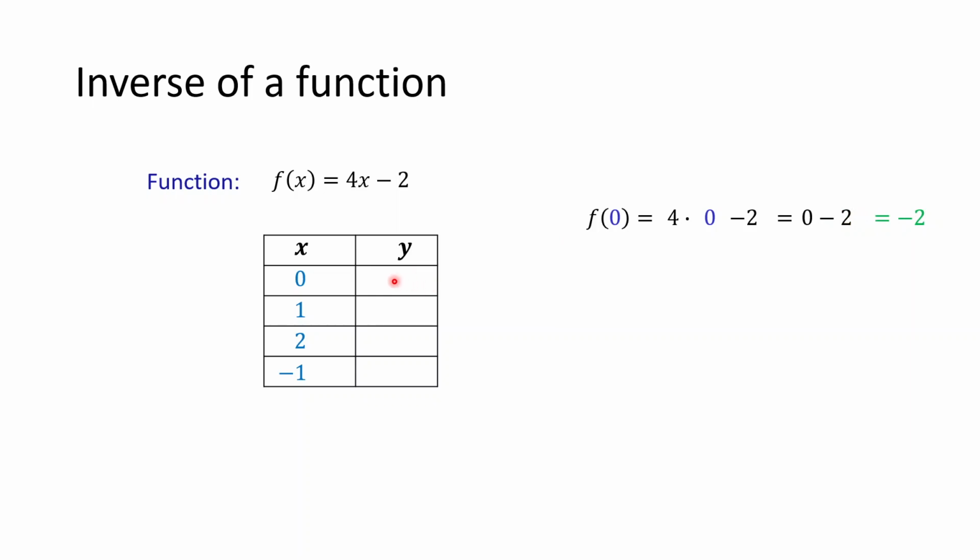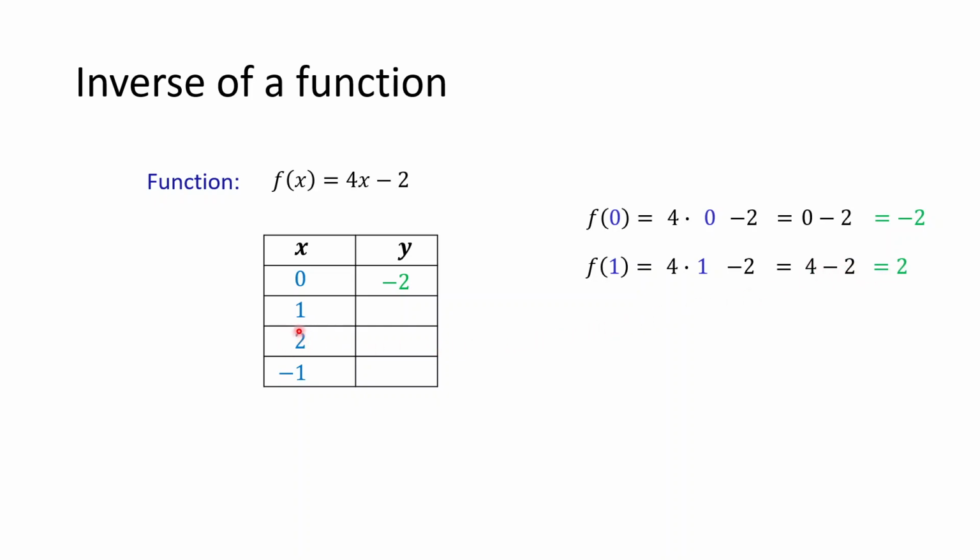Put this here. Now put x is equal to 1. You get f of 1 is equal to 4 times 1 minus 2. So that is equal to 4 times 1 is 4, 4 minus 2, that is equal to 2.